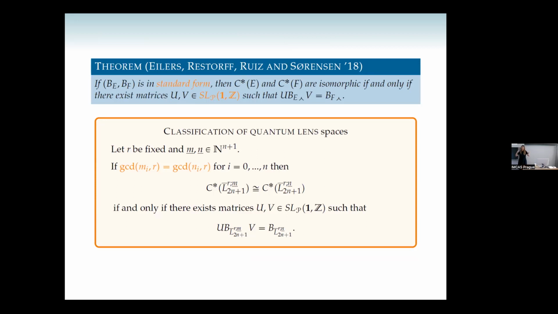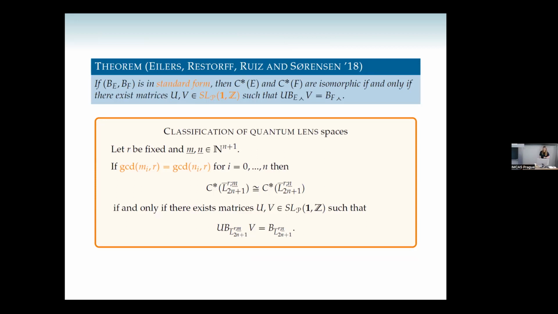So you need the greatest common divisor to be the same for M_i and N_i, if we have two lens spaces where N describes one lens space and M the other one, and i is fixed. So this is what standard form boils down to here.